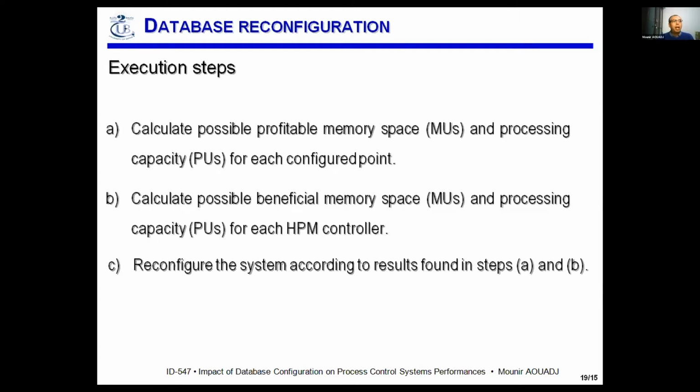And finally, we had to configure the system according to the results found in steps A and B, where we must respect the configuration strategy based on 70% used memory units and 30% free to avoid the saturation of the PUs, the total size of the control memory, which is 22,000 MUs, and the processor control capacity, which is 800 PUs.